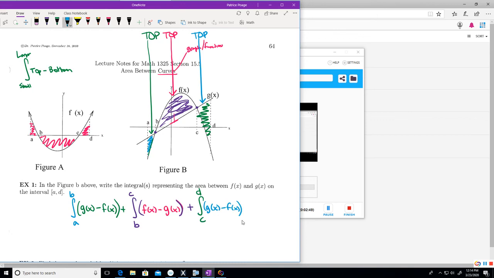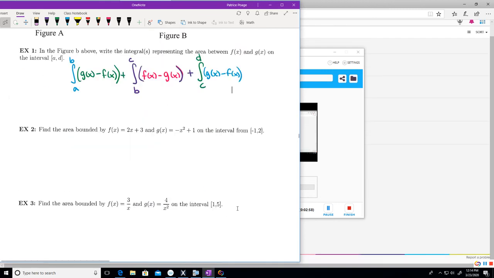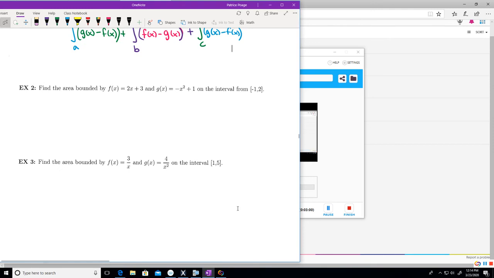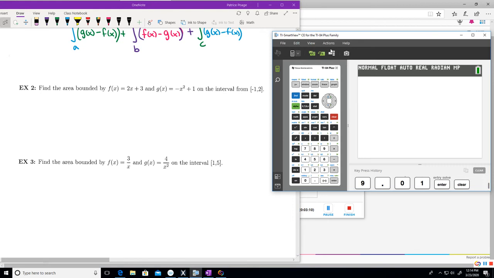So when you're finding the area between two curves, it's always going to be top curve minus the bottom curve. Top minus bottom. Let's look at a few examples. Find the area bounded by these two functions on the interval from -1 to 2. We definitely need to see what these look like, so let's pull up our calculator.